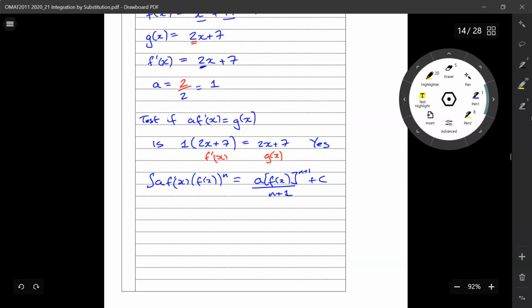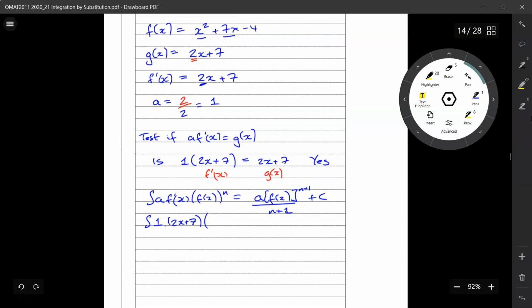So if I follow this rule here, the integral: a is 1, f prime of x is 2x plus 7, f of x is x squared plus 7x minus 4, and that is equal to a times f of x to the power n plus 1, over n plus 1.